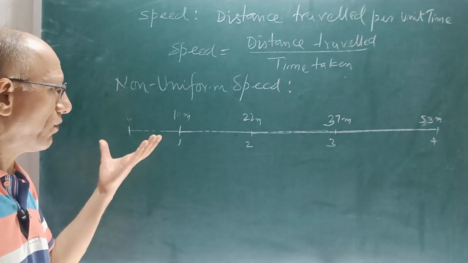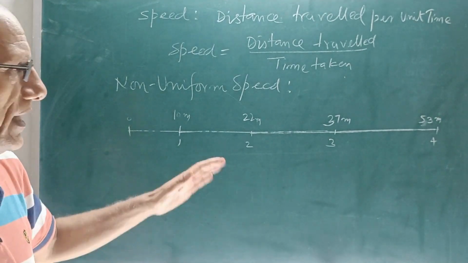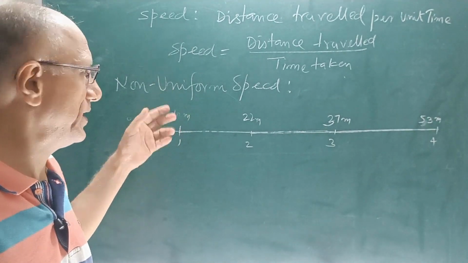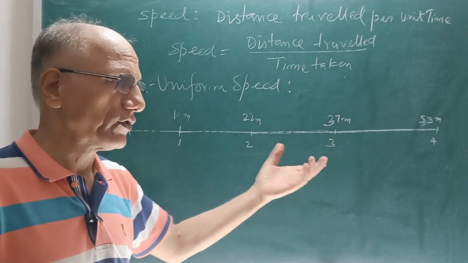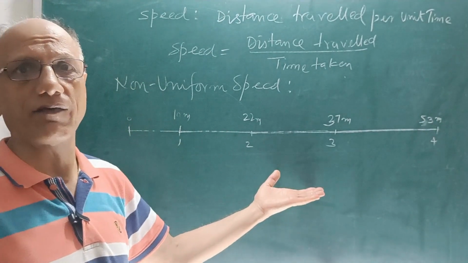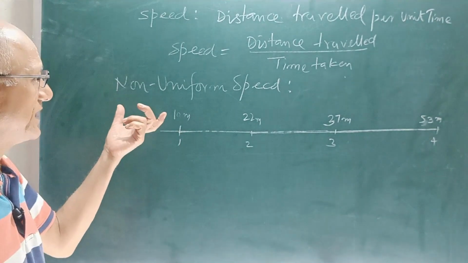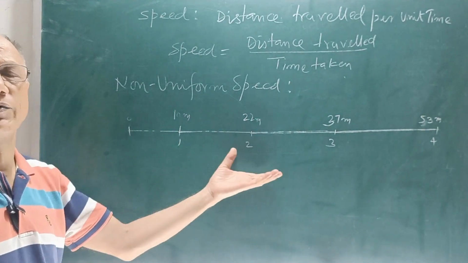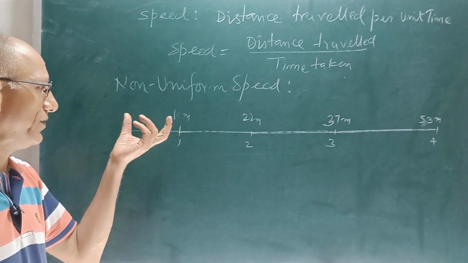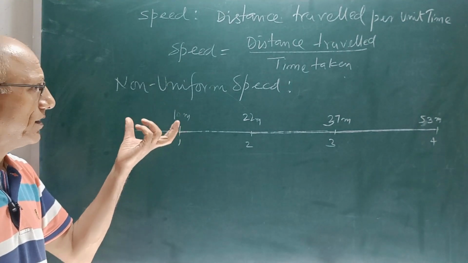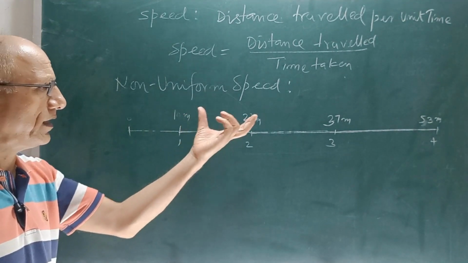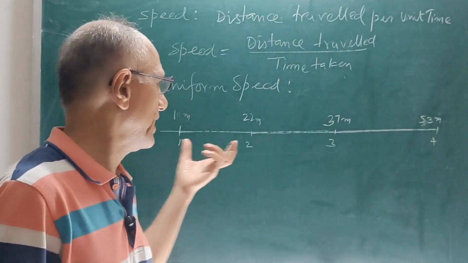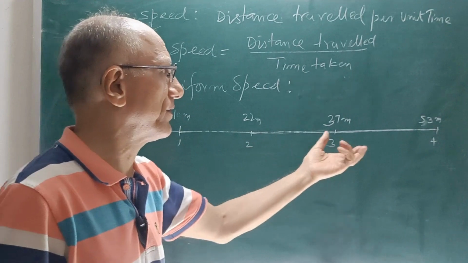So what is there? One factor you have to keep constant. As in the case of the uniform speed, the time interval was fixed. So here you have to take the same time interval and check how much distances are being covered in these intervals of time. So here we see that the body is covering unequal distances in equal intervals of time.